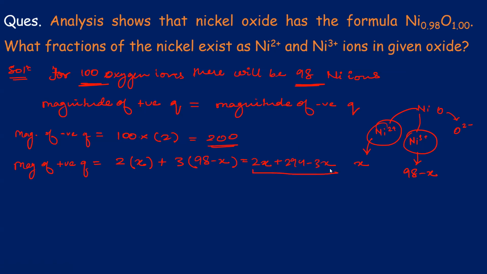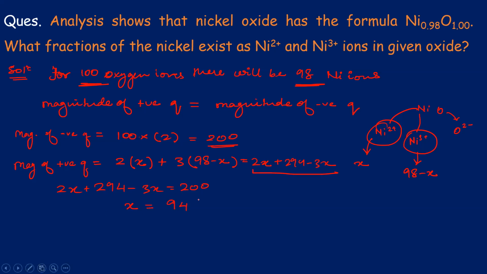So this is the magnitude of the positive charge. This is the magnitude of negative charge. Now they should be equal. That is why 2x plus 294 minus 3x should be equal to 200. Now I'm going to put the 200 here and make the variables x and 3x go there. So 3x minus 2x will be equal to x, and this will be equal to 94.